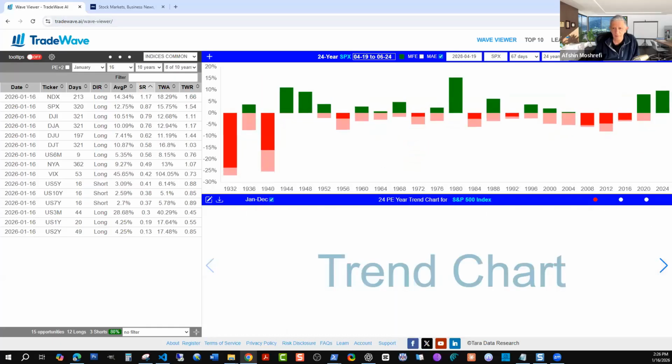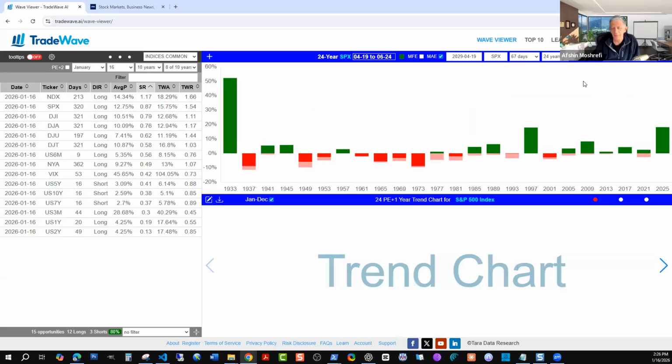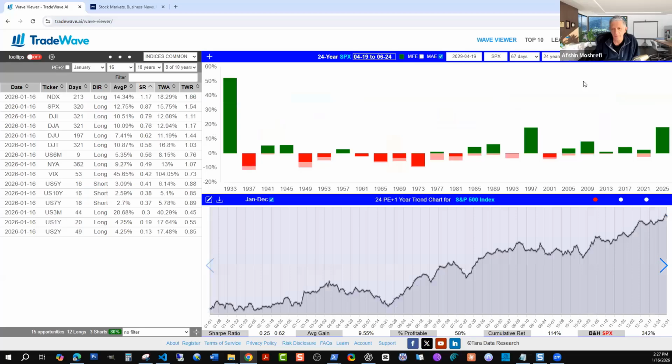If I just click on PE plus, presidential election years, you're going to see that it's actually pretty smooth up. PE plus 1. Yeah, some sideways and then starts moving up.